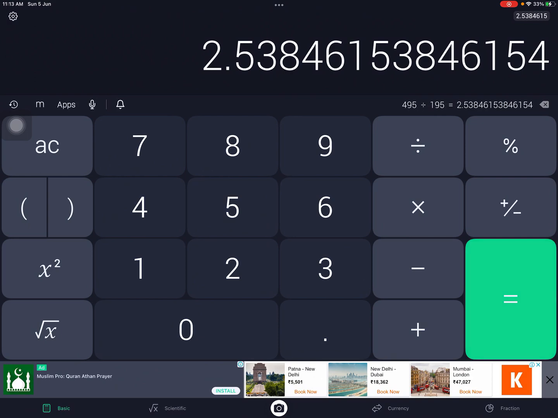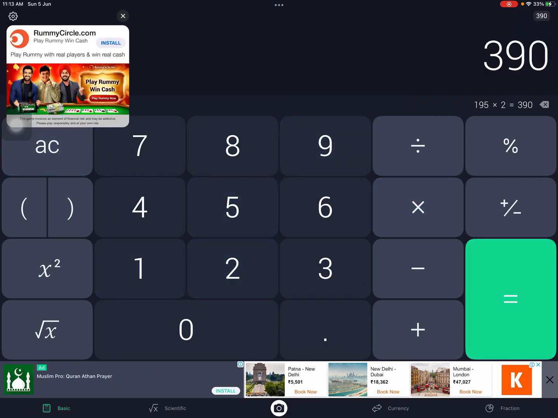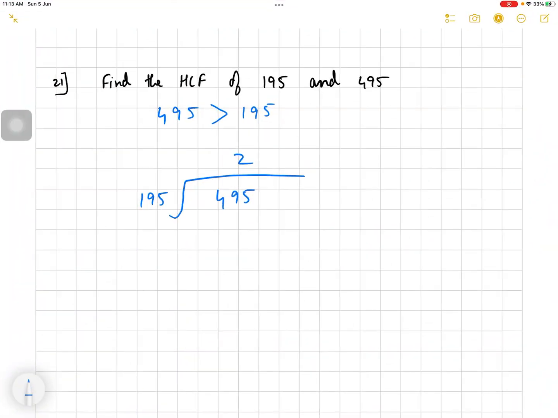Let's do that. 195 into 2 is 390. So 195 2s are 390. So how much is my remainder? 495 minus 390 comes to 105.